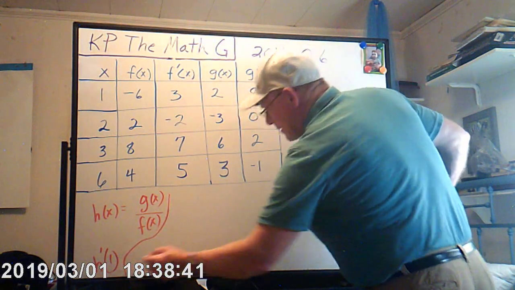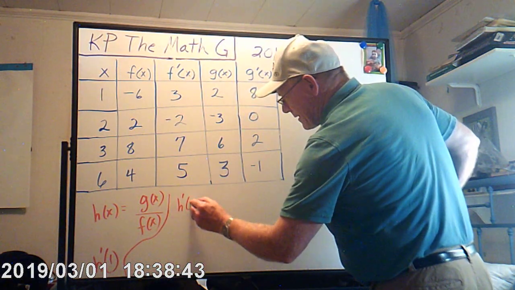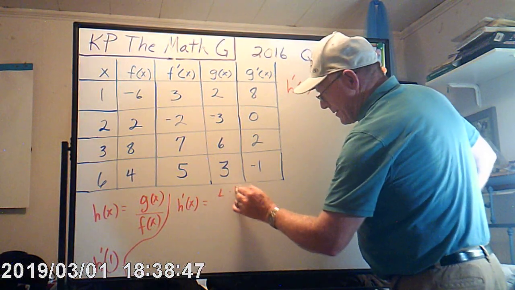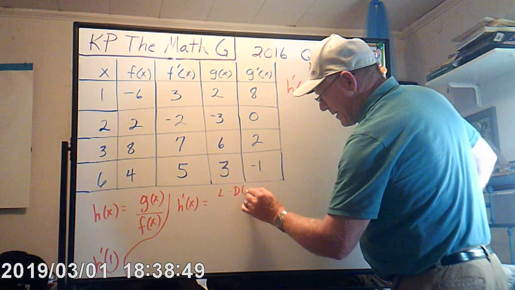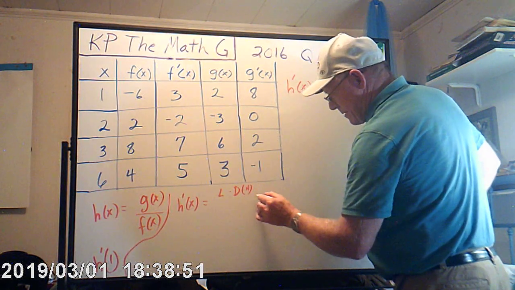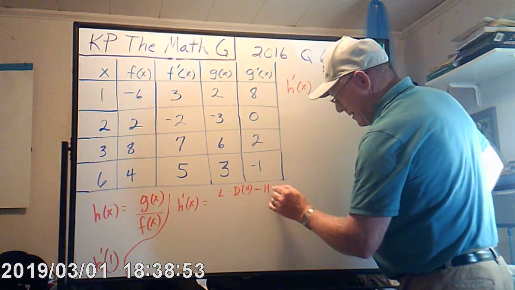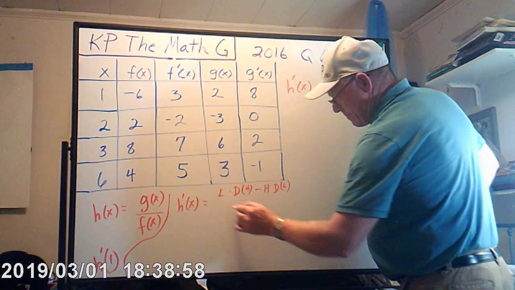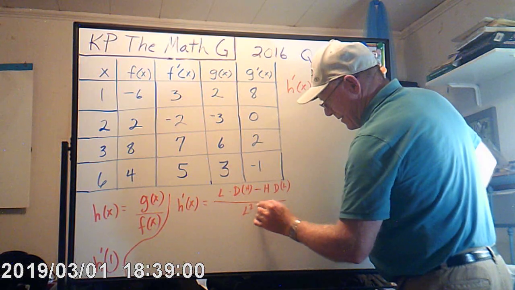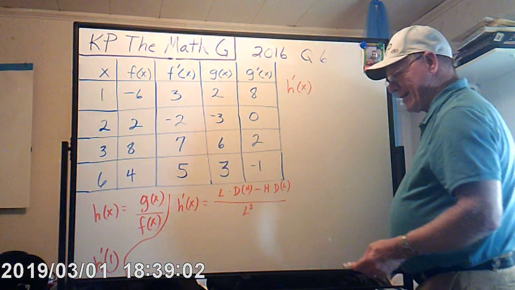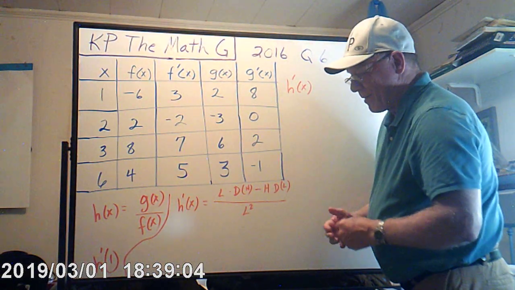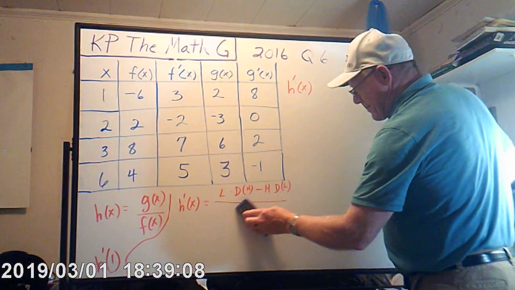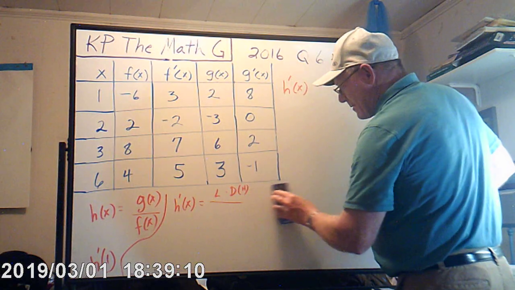Okay. Alright, so h prime at x. Some people said low times the derivative of high minus high times the derivative of low over low squared. Okay. Yeah, I mean, any way that you can memorize that is good. Alright, so low d high minus high d low over low squared.